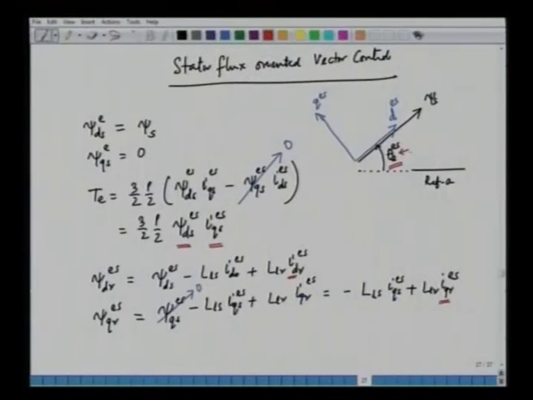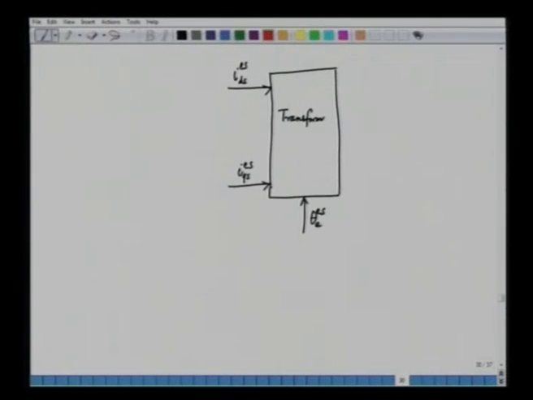We have to find out this angle, and to find theta E, we need the information about the slip speed. This is evaluated by integrating the speed of the stator flux vector, omega EES, which is obtained by the summation of the actual speed, omega r, and the slip speed calculated using equation 2.